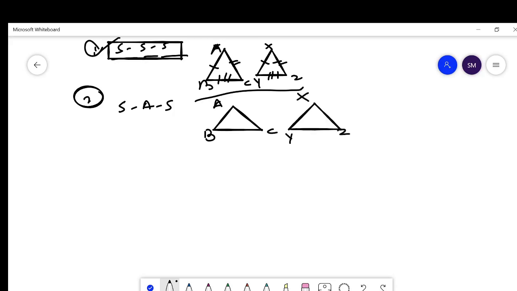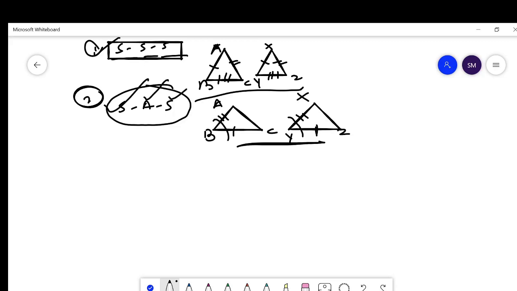Then suppose side AB is equal to side XY and side BC is equal to side YZ, and angle B, the angle between the two sides, is equal to angle Y. Then we say that these two triangles are congruent by the condition SAS, side angle side property. Here we discuss some problems based on these conditions.